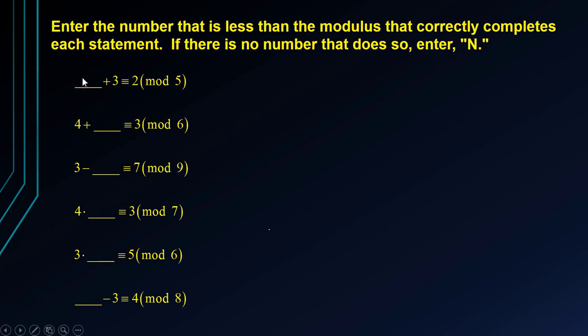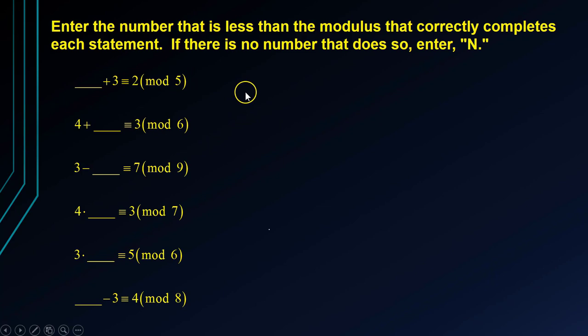Then 8 would also work. Then 13 would also work. Then 18 would also work, and so forth and so on. It would all do the same thing because you're moving in the same cycle, in modulus. So we're looking for the smallest possible value, and if there's more than one that's less than the modulus, then I'd look for that too.